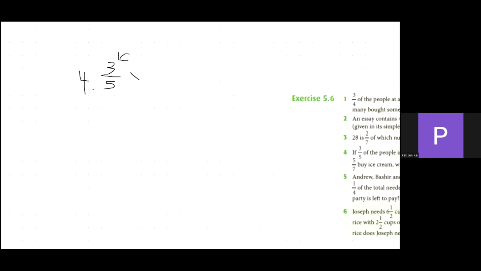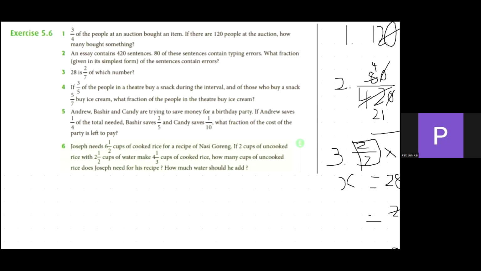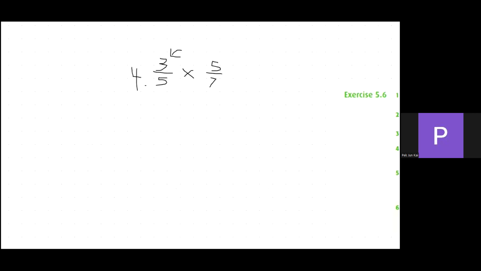So we can times 5/7 so that we can get the fraction of people in the theater who bought ice cream. So we can simplify this and it will become 3/7. So this will become the answer.